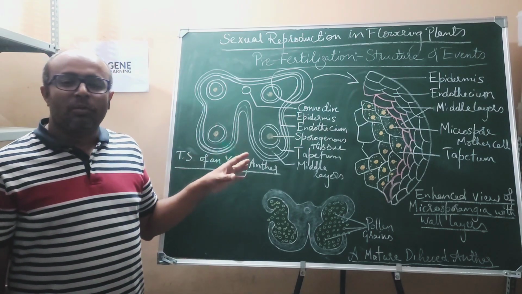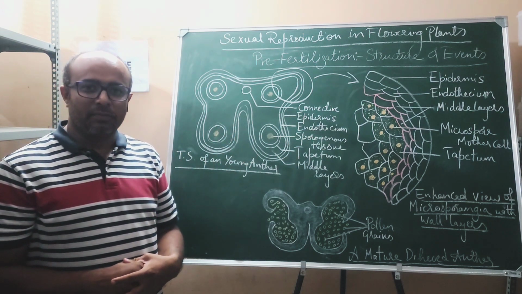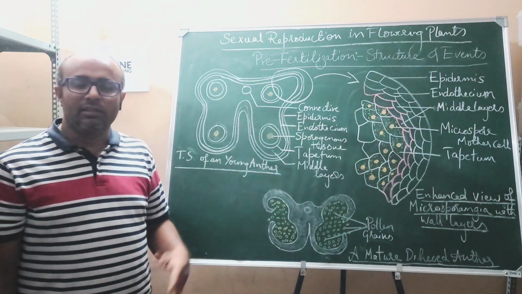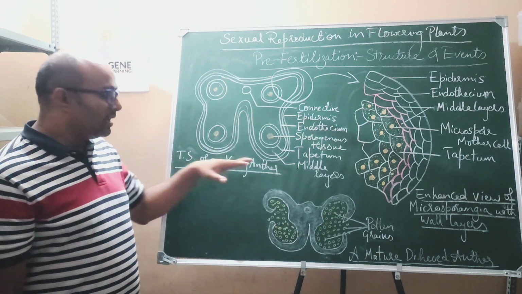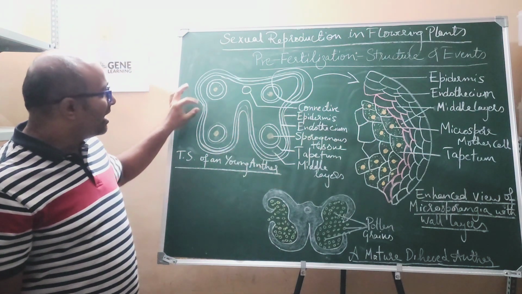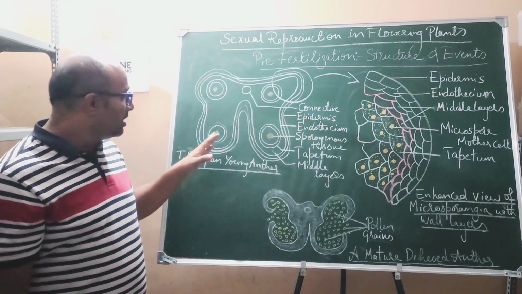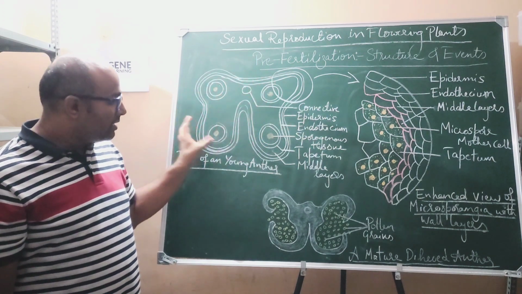Now, let us talk about the structure of the microsporangium inside an anther. For that, first let us take the TS of an anther, that is the transverse section of a young anther, where we see that there are four microsporangia, as we have already discussed, in the corners of the anther.